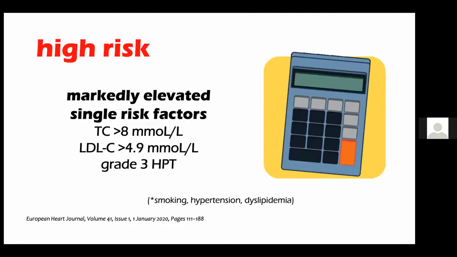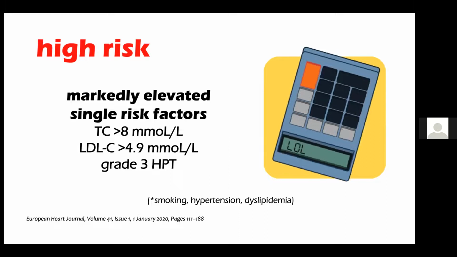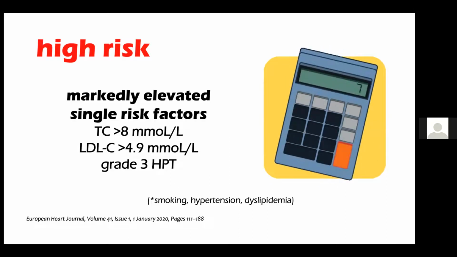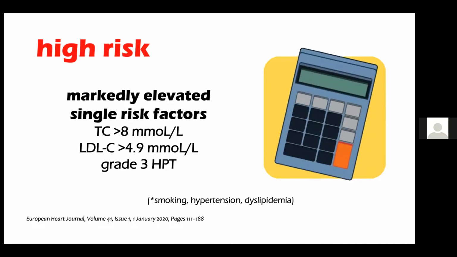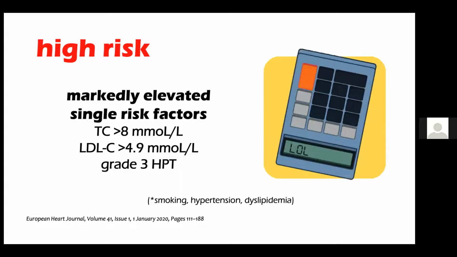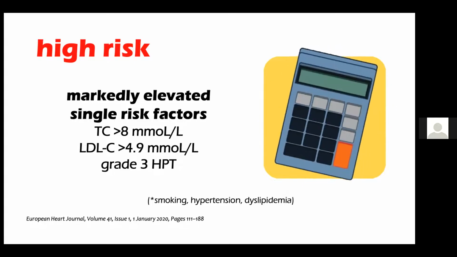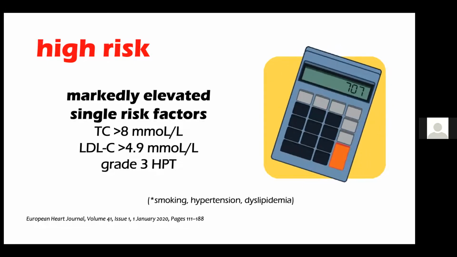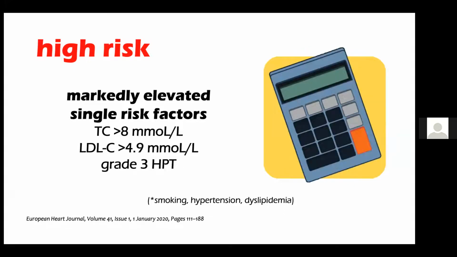Whenever you start planning to discuss cardiovascular disease prevention, you need to have that in mind. Those are the two situations that are not covered in the South African document, but you can find them in the ESC document from 2019.